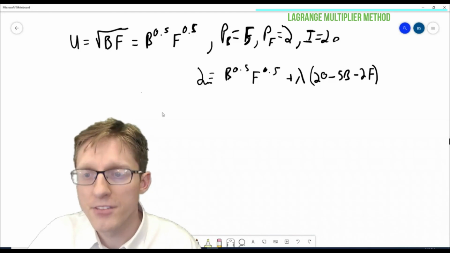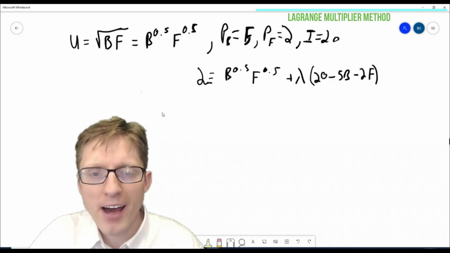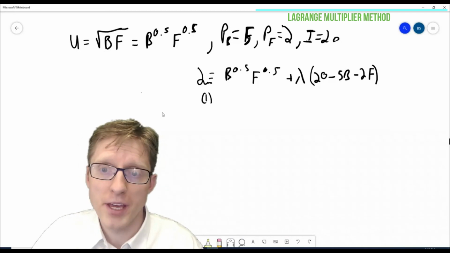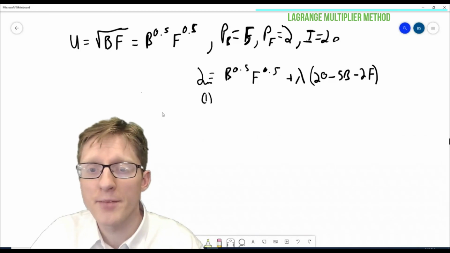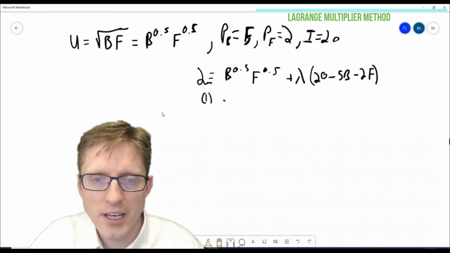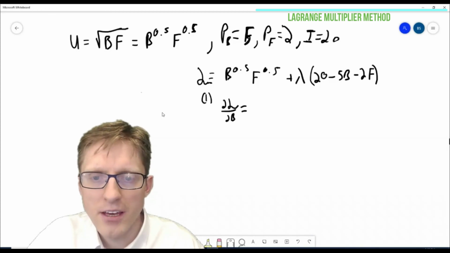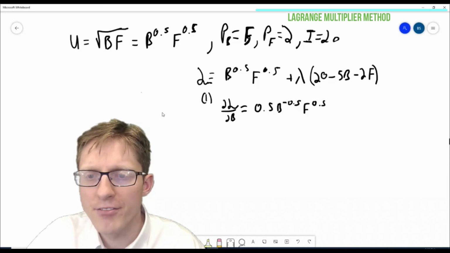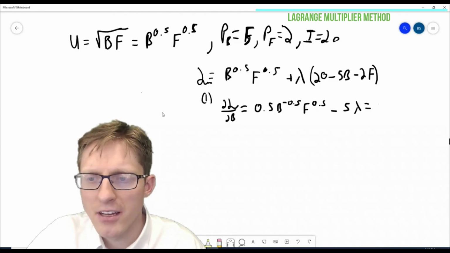And then once we've found the Lagrangian, we take the 3 partial derivatives with respect to the 2 variables we're optimizing over, B and F, and then also with respect to the Lagrange multiplier lambda, and set each of those equal to 0. So the derivative of the Lagrangian with respect to B is 0.5 B to the minus 0.5 times F to the 0.5 minus 5 lambda is equal to 0.